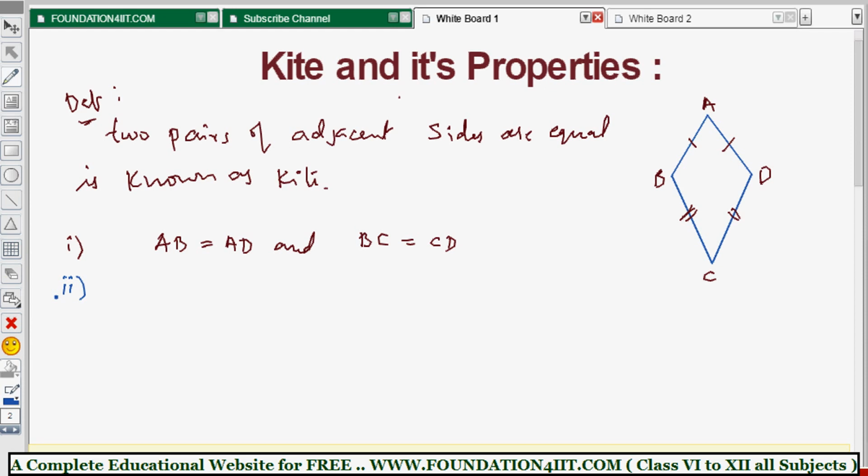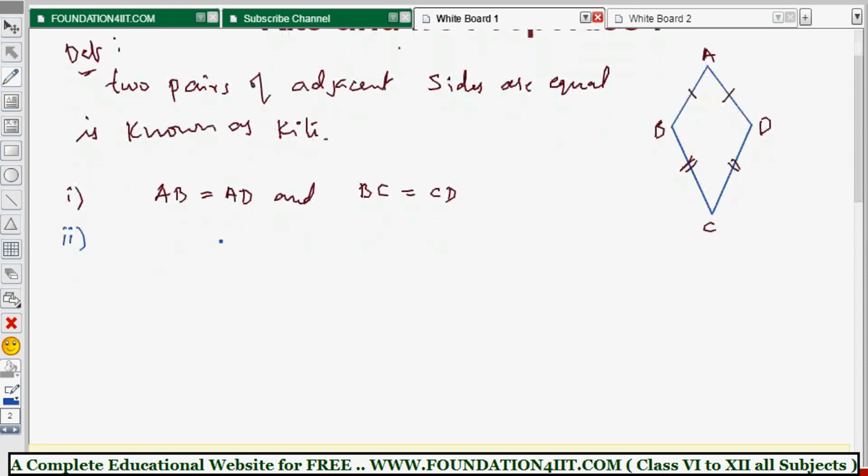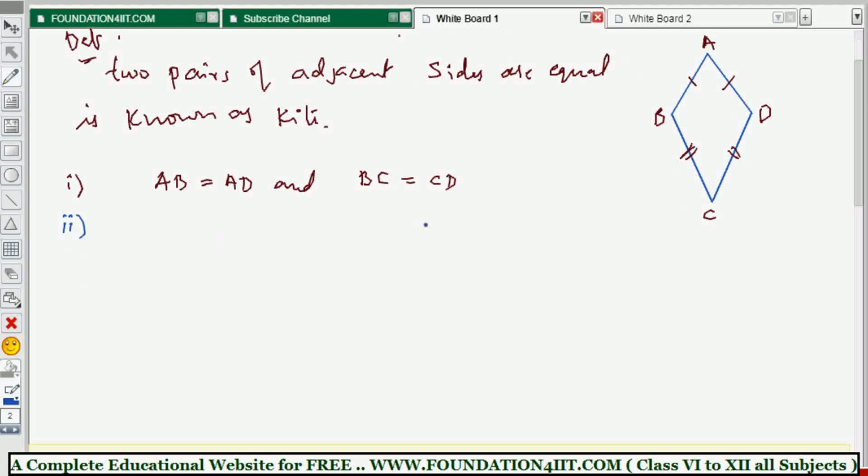Then, one pair of opposite angles is equal. That means angle B is equal to angle D. Only one pair. Angle B and angle D are a pair.